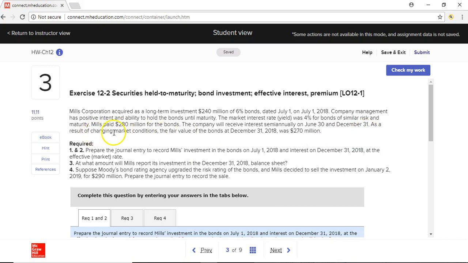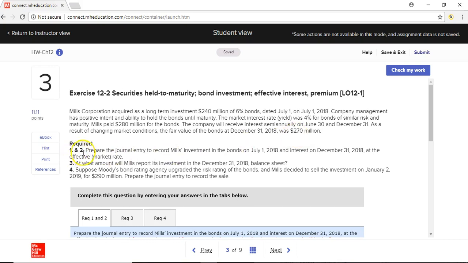As a result of changing market conditions, the fair value of the bonds at December 31st, 2018 was $270 million. Because we treat these bonds as held-to-maturity securities, the fair value at the end of the year doesn't matter.